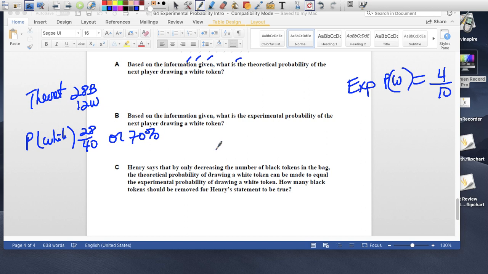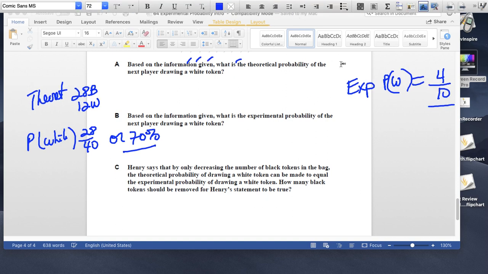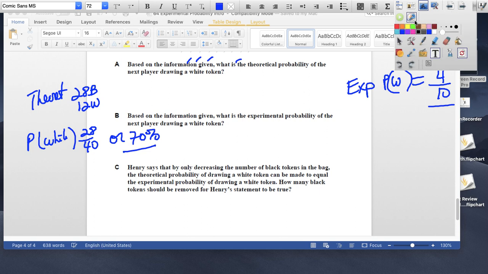So the question is saying how do I change the number of tokens so that I can get this number and this number to match. I need the experimental probability to be 7 out of 10. Right?